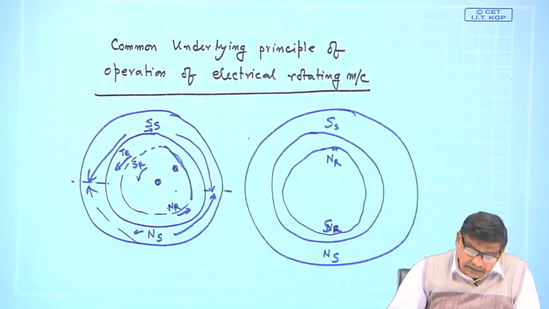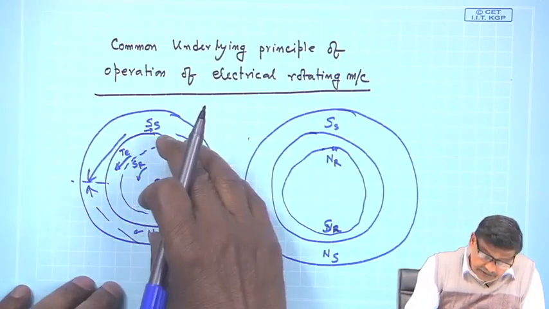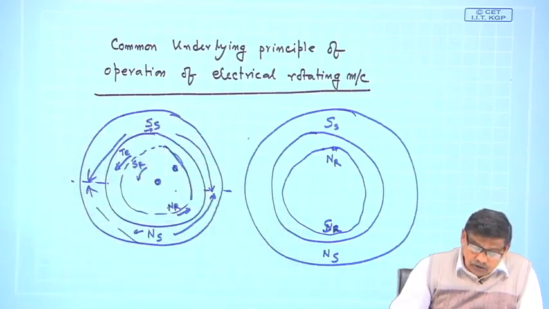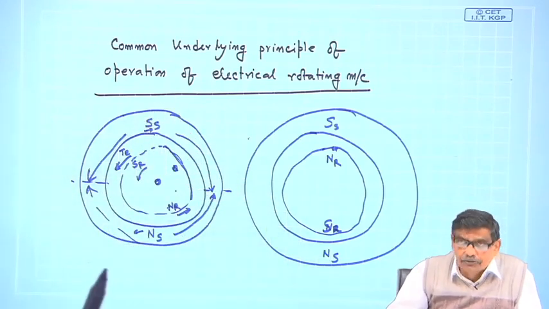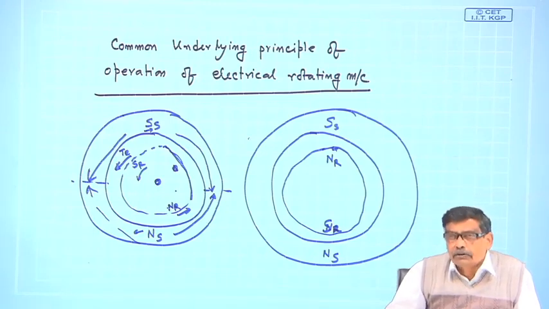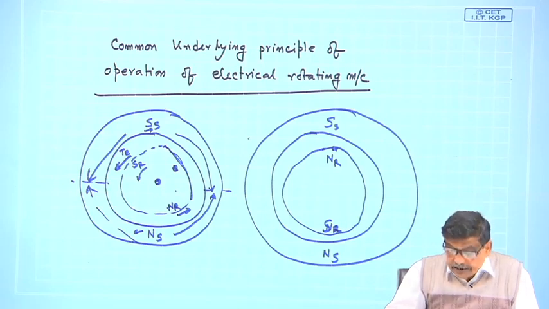Now, the question is what I will demand from this set of poles of the stator and rotor, so that the rotor will be also rotating and a sustained torque of constant magnitude will be produced. So, a sustained torque of constant magnitude is to be produced.